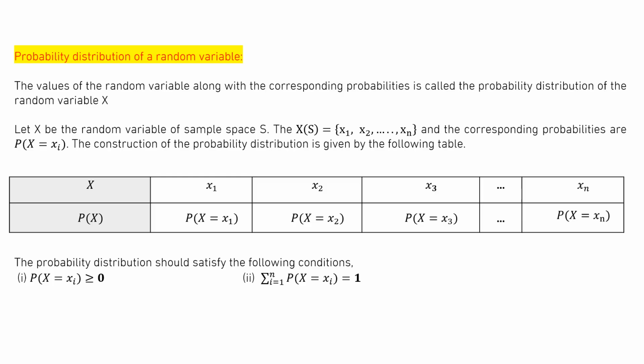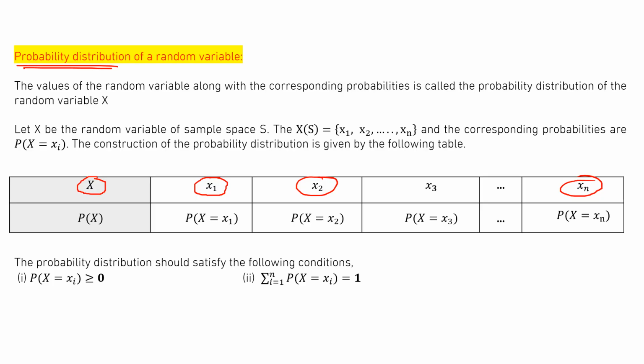Using this discrete random variable, we are going to define a distribution function called the probability distribution function. So how do we allocate the values for the probability distribution function? We form a table. In the first row, we define the random variable capital X, which takes the outcomes of a random experiment x1, x2, up to xn.